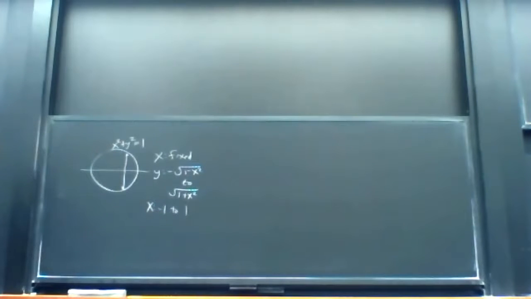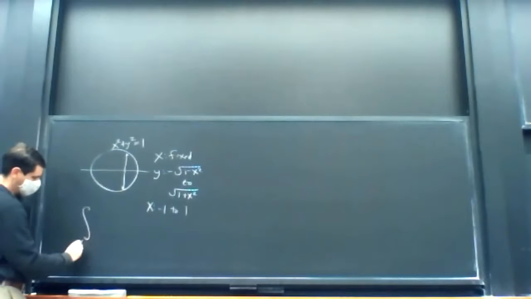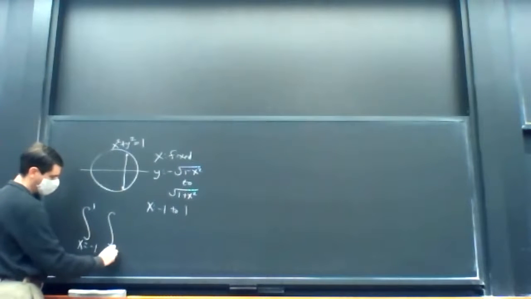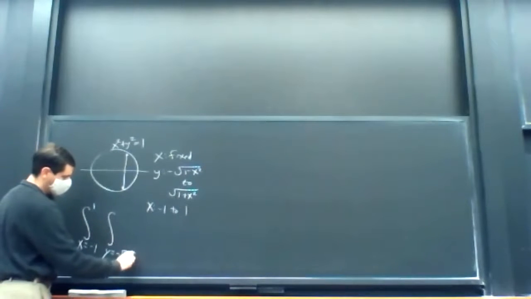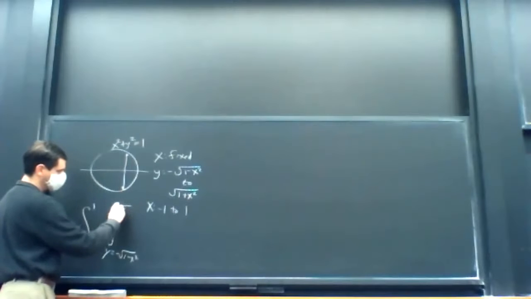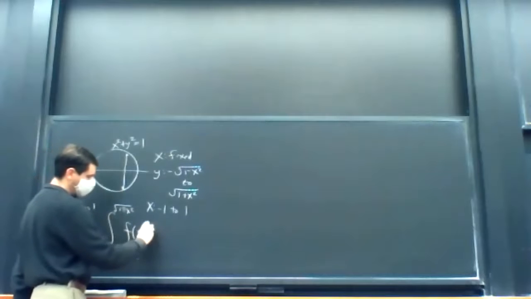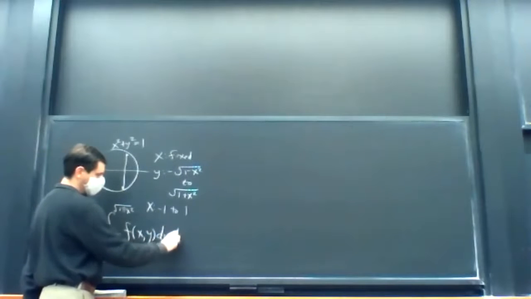So if I wanted to set up the integration, it would be the integral with x going from minus 1 to 1, integral with y going from minus square root of 1 minus x squared to the square root of 1 minus x squared, f of x comma y, dy dx.